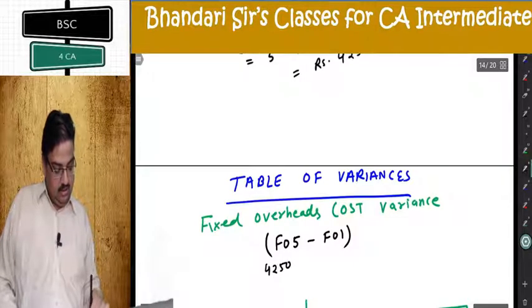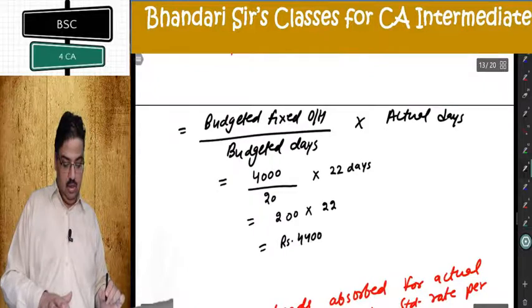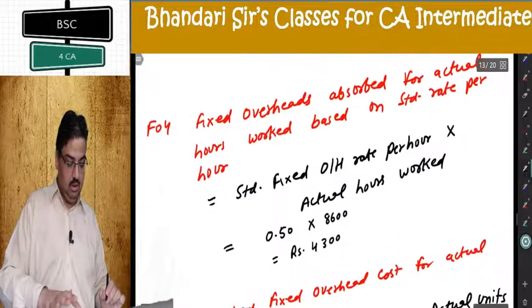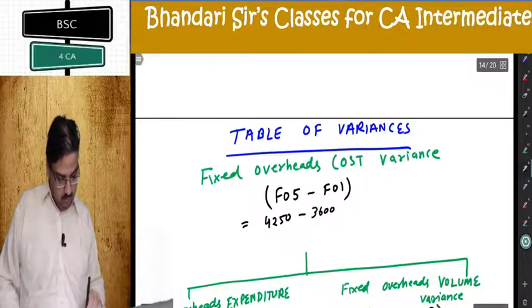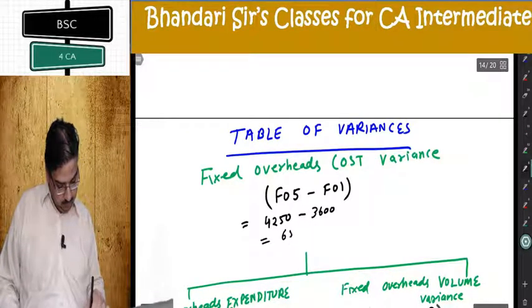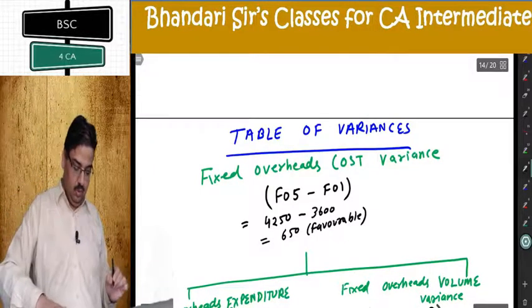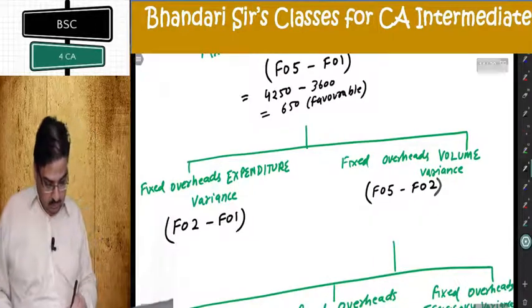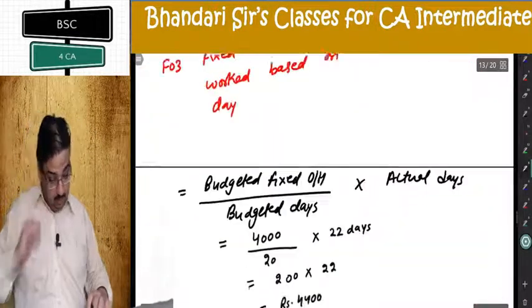Table of variances. 4250 minus actual we had in the beginning, 3600. 650 favorable. FO2 we had, I think, 4000.